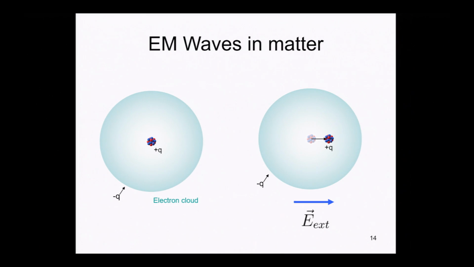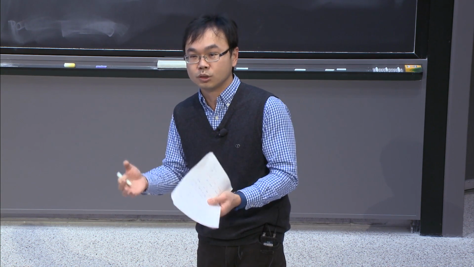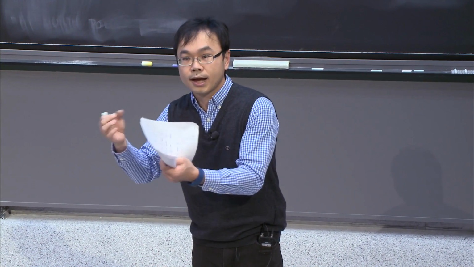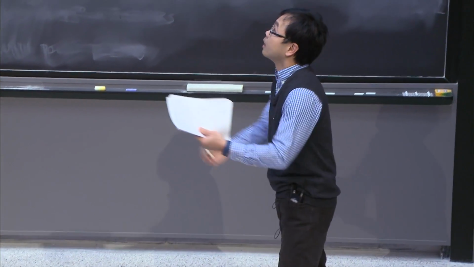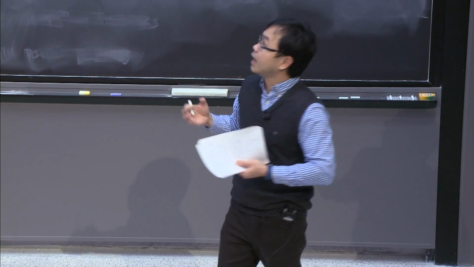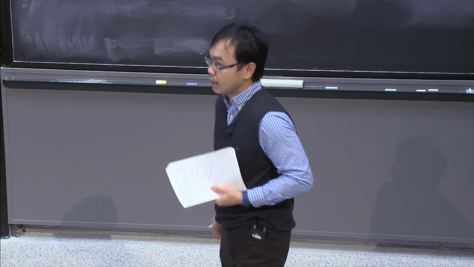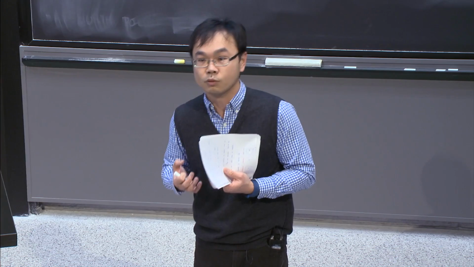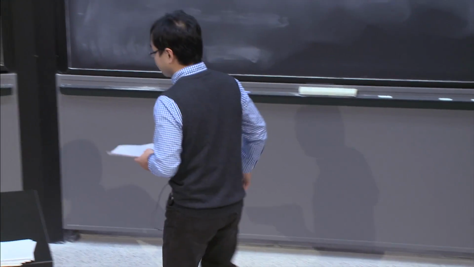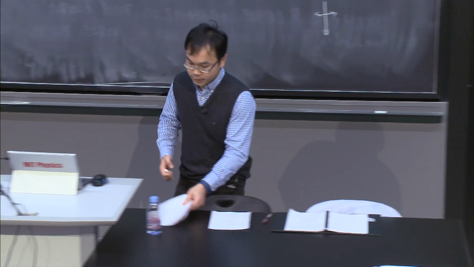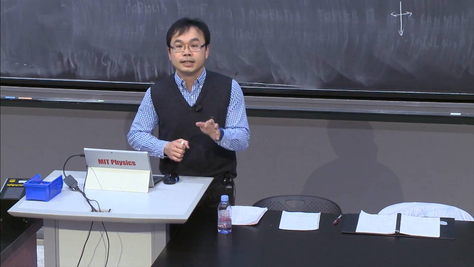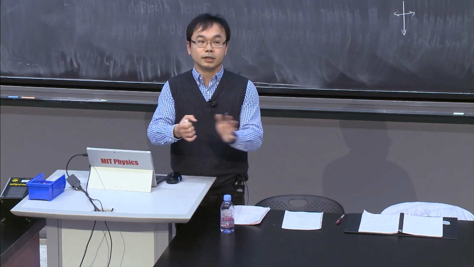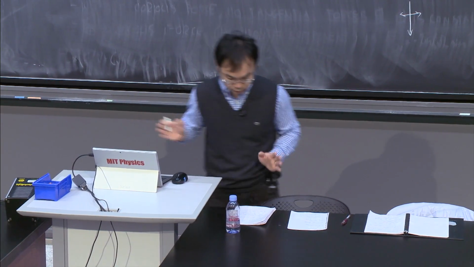After we introduce this external electric field, there can be some kind of polarization produced because the electrons around this nucleus can be moved slightly, such that this material is trying to compensate a little bit the effect of the external force. Okay, so that is actually leading to a modification of the electric field. But as I mentioned, you are not going to cancel all the effect of the external field.